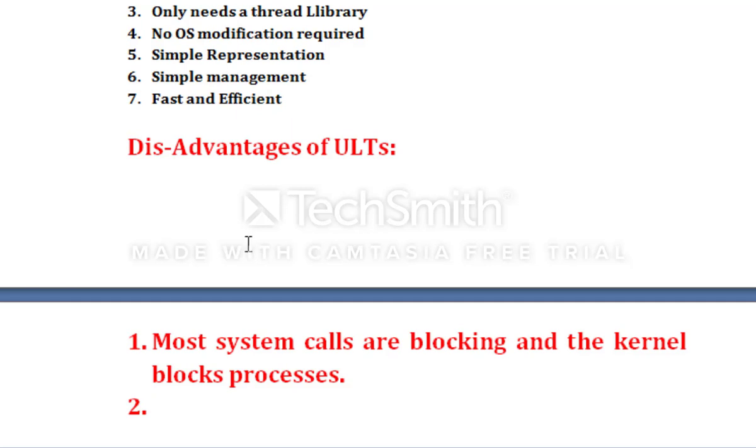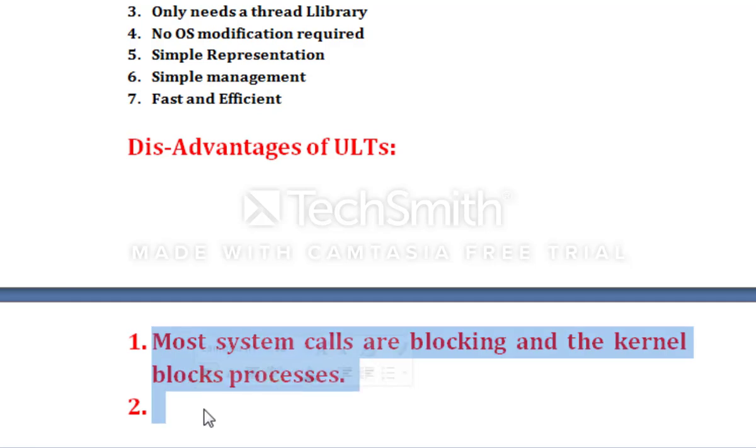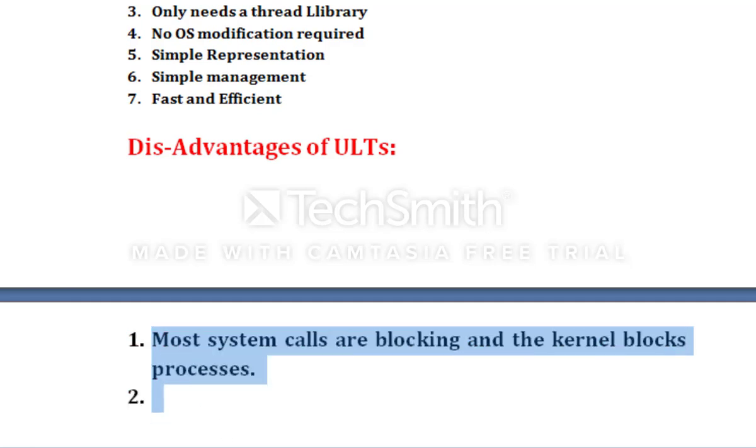This is a very crucial disadvantage of the user level thread. If any thread is not present in the primary memory, due to a page fault, the process may be blocked. This is the first disadvantage.